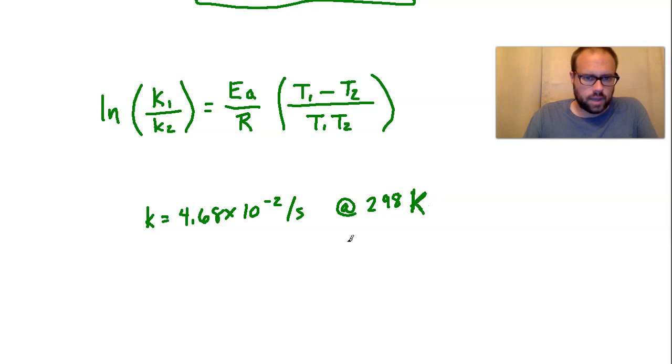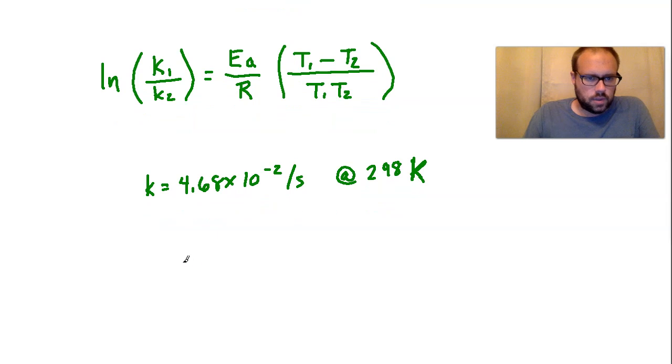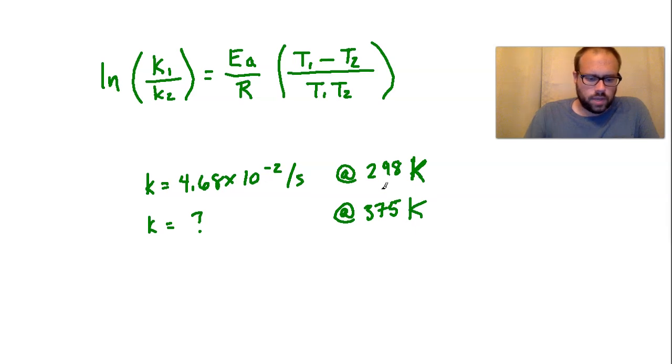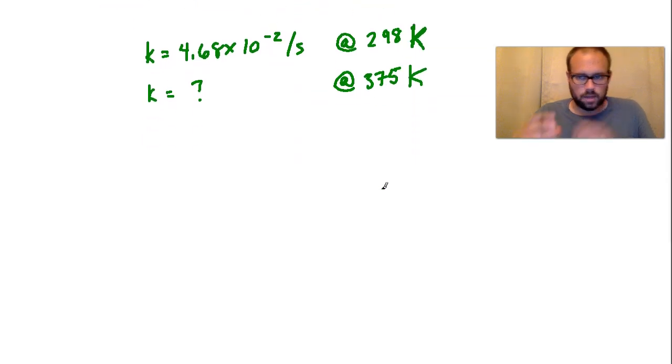This is big K for Kelvin, that's small k for a rate constant. Okay, so then the question can be, what will be the rate constant for this reaction if I increase the temperature and I bring it to 375 Kelvin?